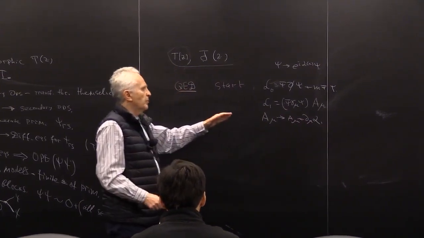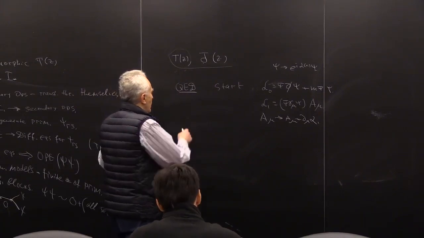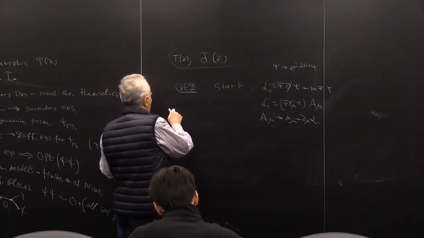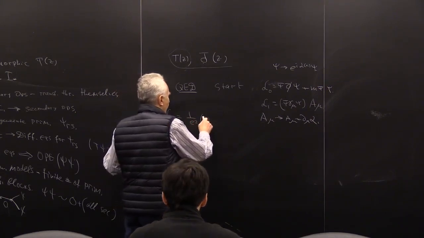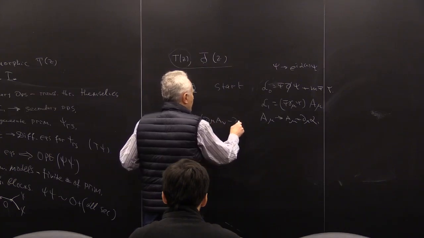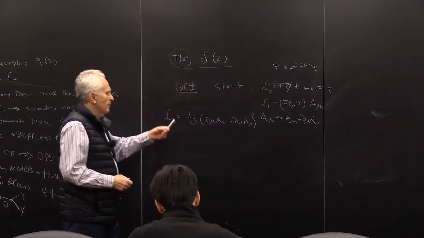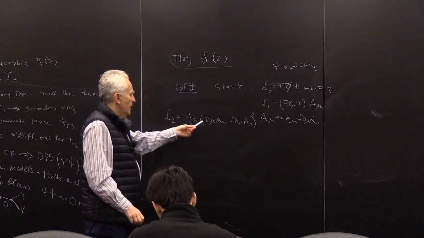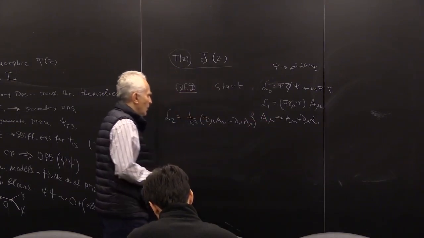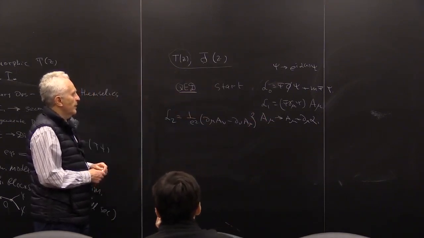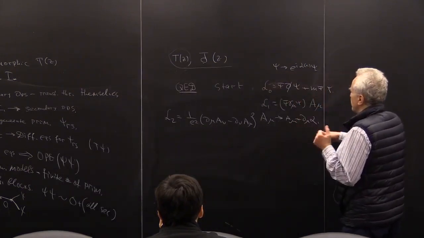Anything physical should be invariant under these gauge transformations. And we add the Lagrangian for the electromagnetic field itself. And as we already discussed, this combination is needed to have gauge invariance. I just remind you of some elementary facts.